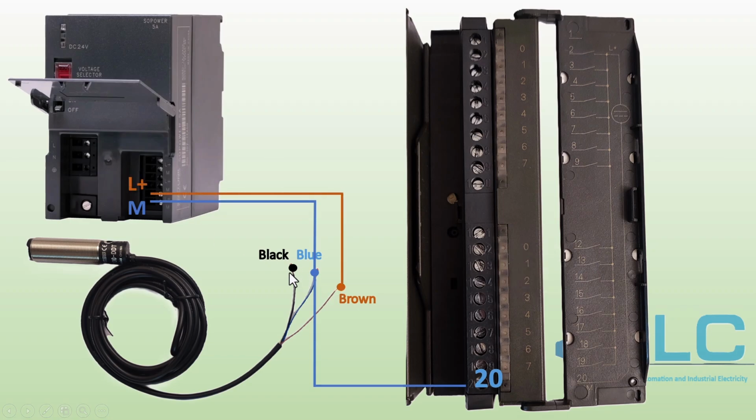Connect the black output wire of the sensor to the required input terminal on the module. In this example, I am connecting it to input terminal 2. Now, the wiring is complete. When the sensor detects an object, it sends a signal to the input module. This activates the corresponding input, turning on the LED indicator on the module and sending a high pulse to the CPU.